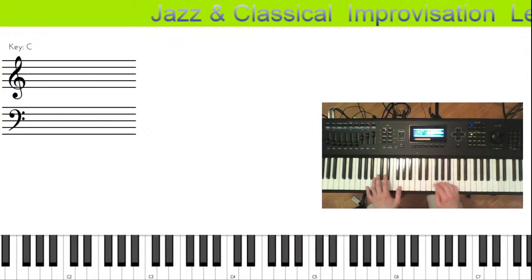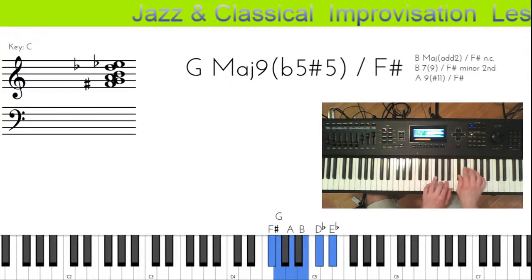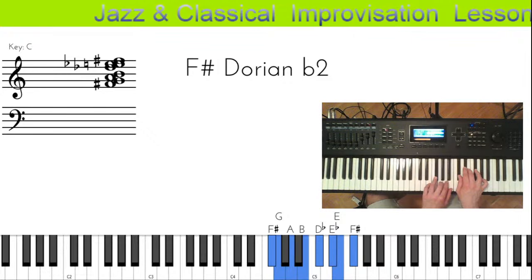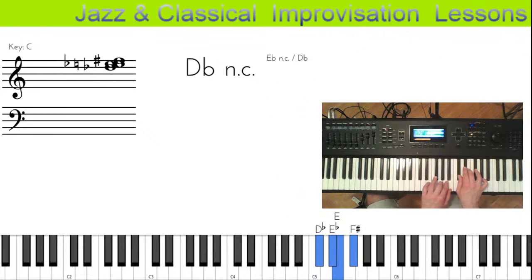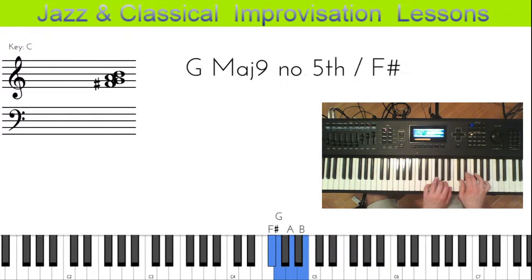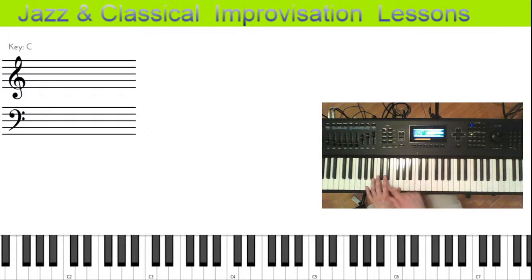We can also change our scale. We get now F sharp Dorian with the lowered second. So you can experiment around with every chord.